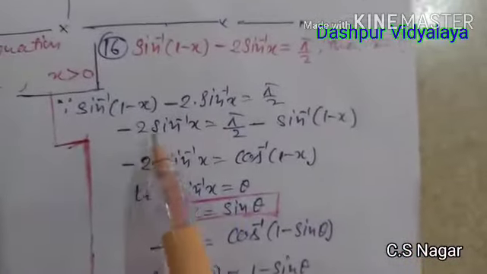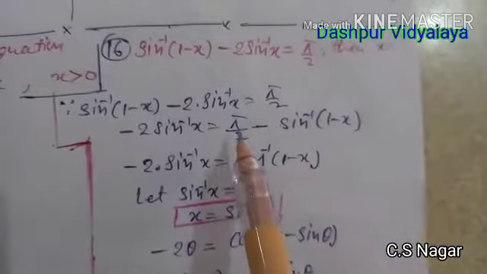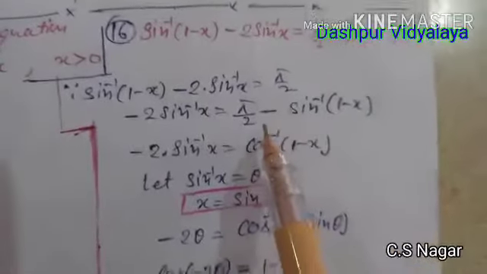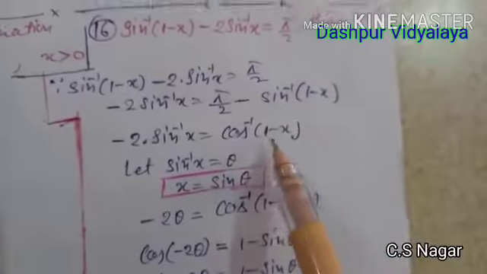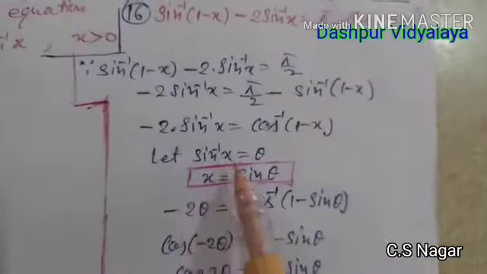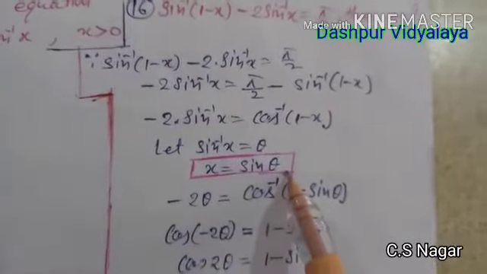This is our question. This sin inverse 1 minus x transfers to the right side, so it will be pi by 2 minus sin inverse 1 minus x. Now pi by 2 minus sin inverse x is cos inverse x, so it will be cos inverse 1 minus x, and this is minus 2 times sin inverse x. Let sin inverse x equal theta, then x is equal to sin theta.